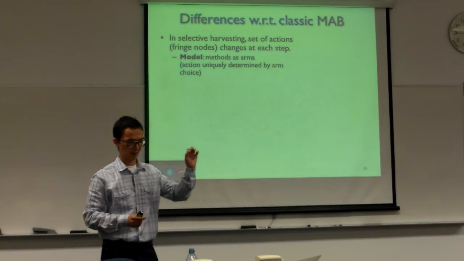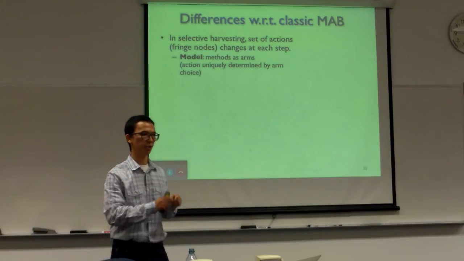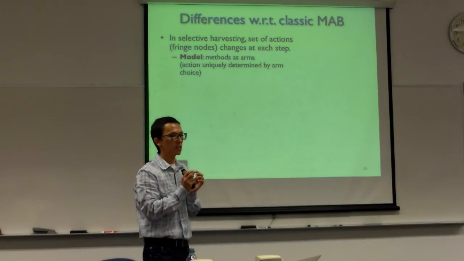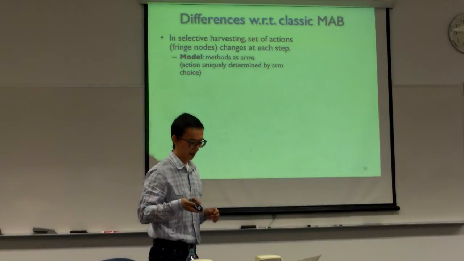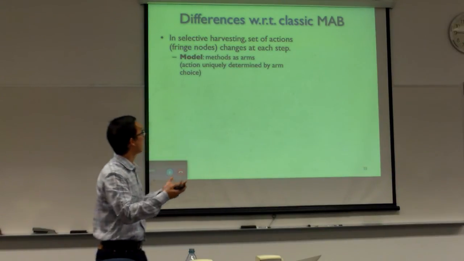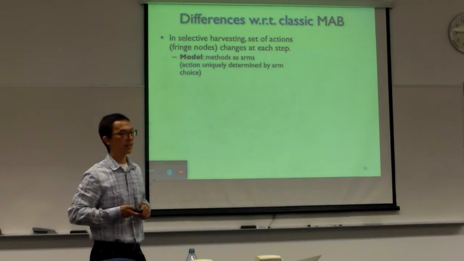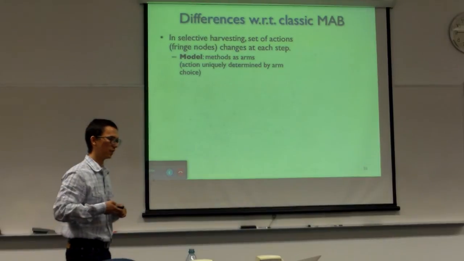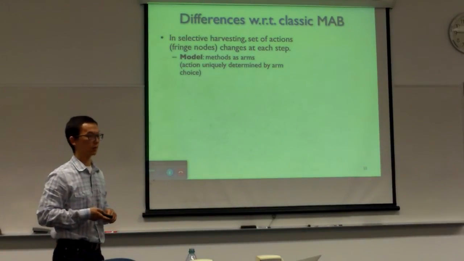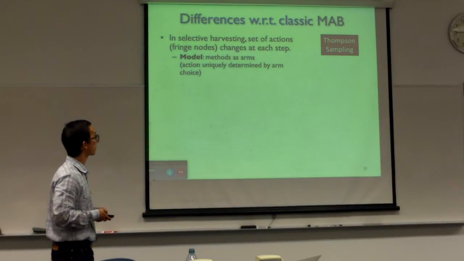Once you select a method, then the action is uniquely determined by that arm. Essentially, the method is going to tell you, you should query this node. In that case, someone would say that this is a stochastic multi-armed bandit, and that there are lots of algorithms to do that, the most popular ones being UCB1, UCB-Normal, Epsilon-Greedy, and Thompson sampling.